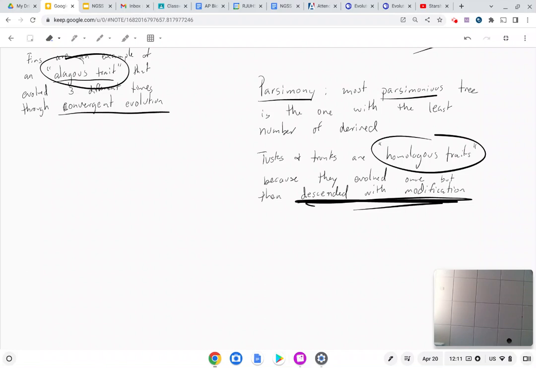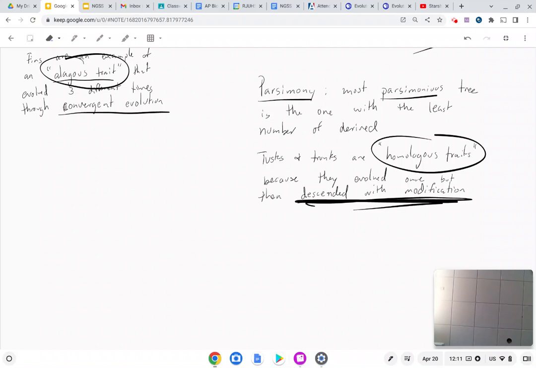Every one of them has that same pattern of bones. It's just that the whale's humerus has been shortened and stiffened up. The whale's phalanges have been extended, but all of the same sets of bones are in a whale's flipper, a bat's wing, and a human's arm.